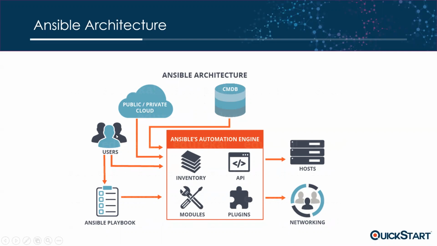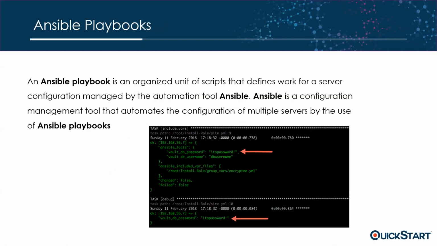The users through the playbooks will be accessing the Ansible automation engine. And in the engine, you will have the inventory of all the apps. You will have the APIs. You will have the different modules and plugins. So as you could see, it's a simple architecture that includes everything we need to orchestrate DevOps and Ops.